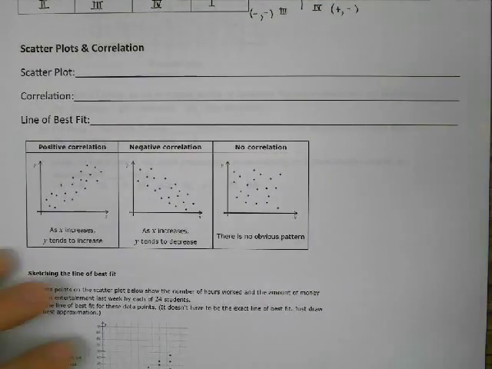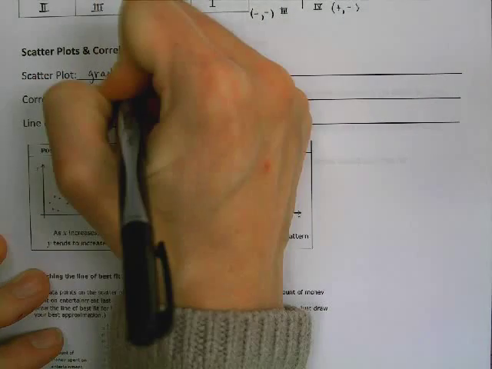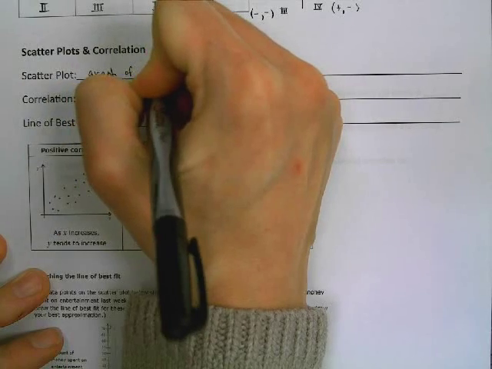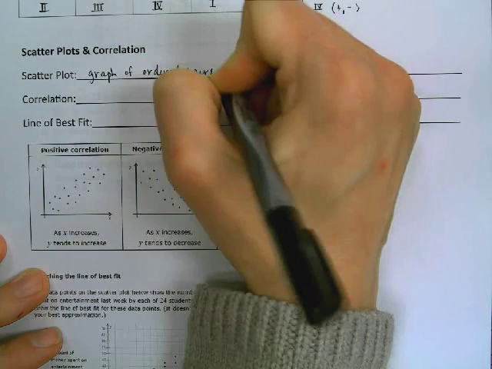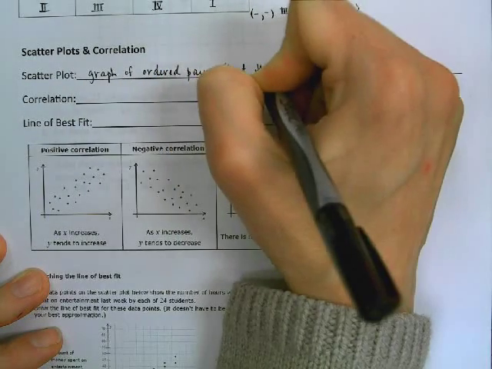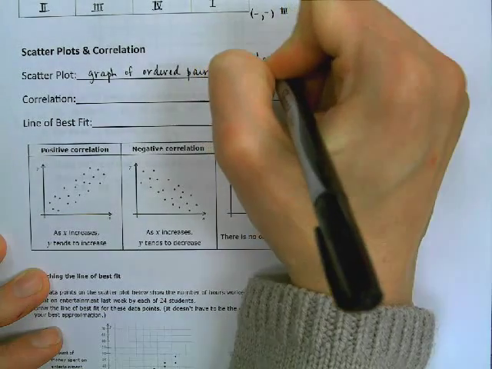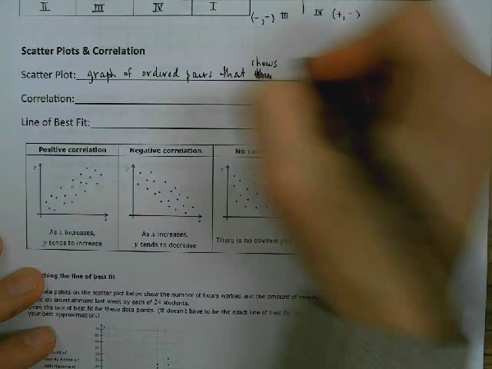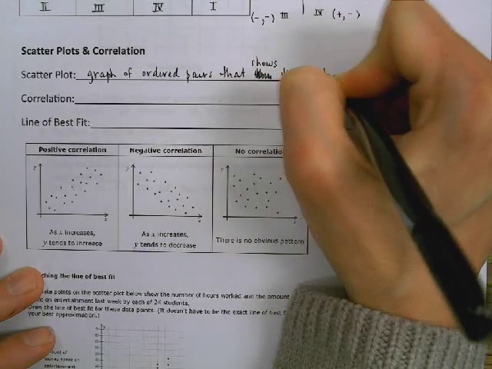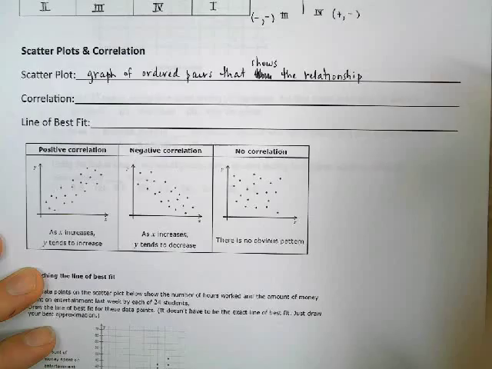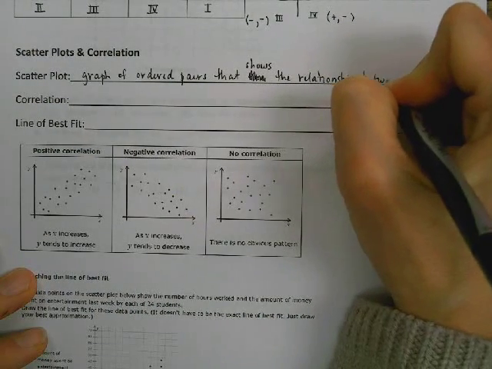And all a scatter plot is, it's just a graph of ordered pairs that shows the relationship between two sets of data.